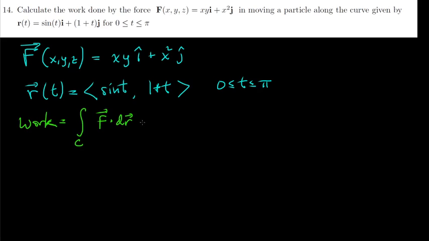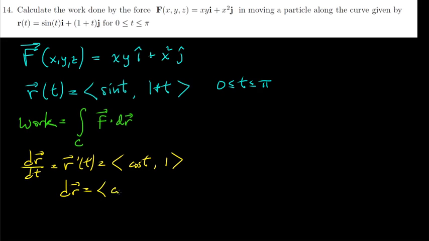Okay. And so this is done the usual way. What's dr? Well, the derivative of r, or r prime if you will, is just going to be cosine of t, 1. So dr, if you multiply by dt, is this vector here, cosine t, 1 times dt. Okay.